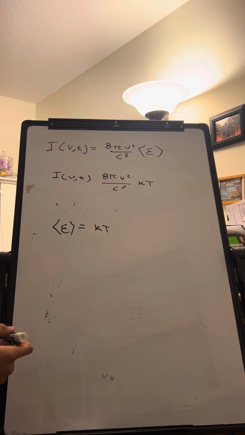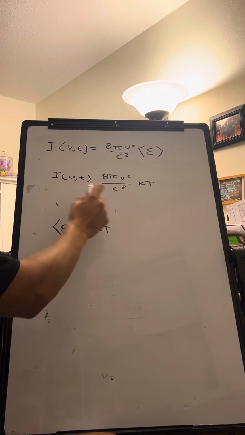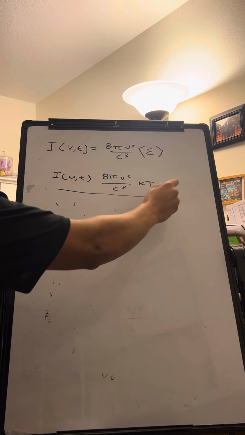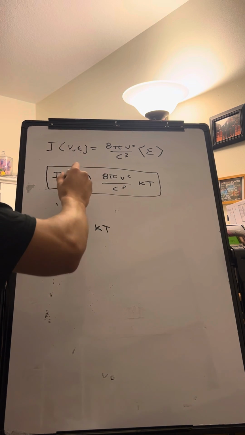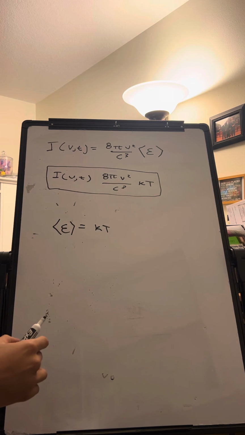And this is the Rayleigh-Jeans Law. And that's the classical intensity for blackbody radiation.